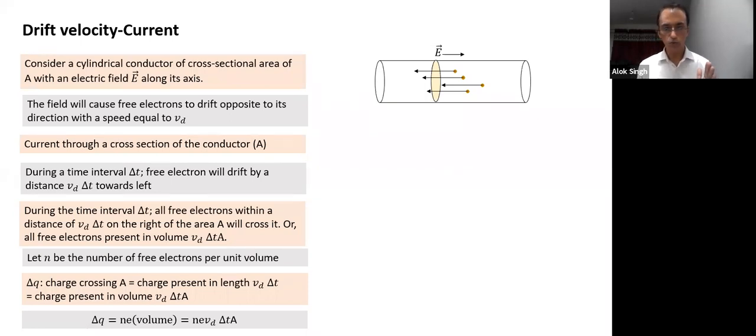So delta Q is n e Vd delta t into area, in time delta t. What is charge crossing per unit time? That's current. So delta Q by delta t is n e A Vd. That's the current, and that's a formula we should always remember. Current in terms of drift velocity of electron is n e A Vd.